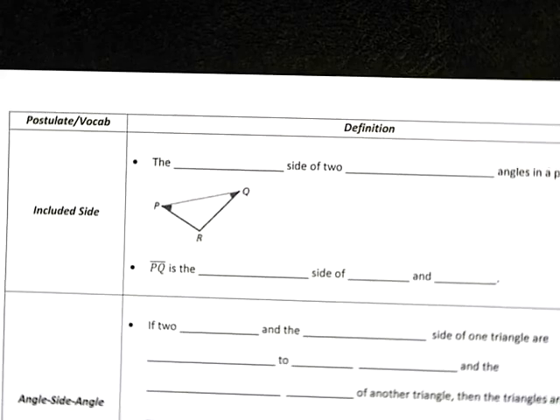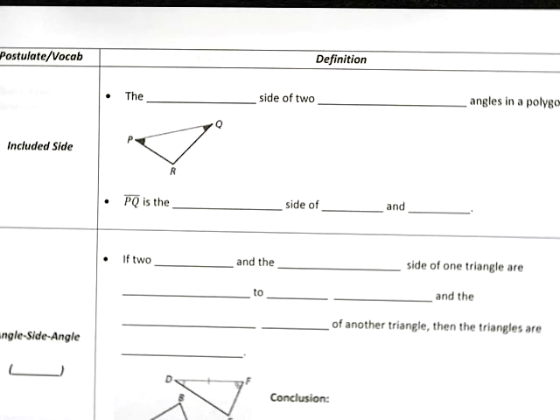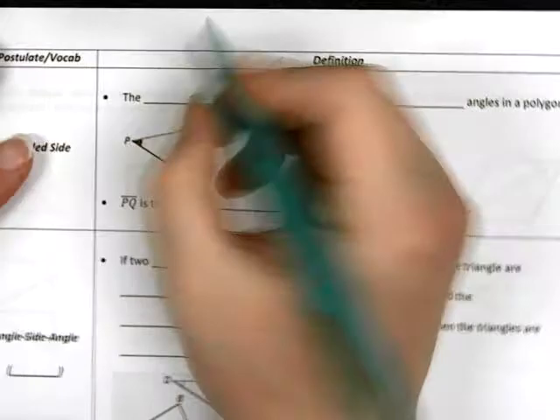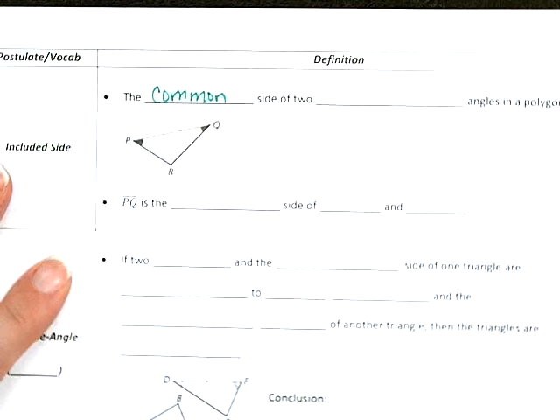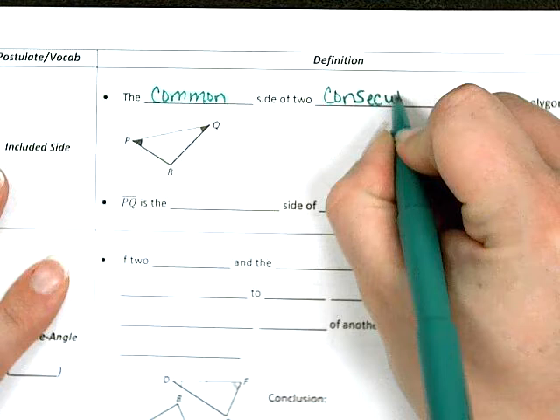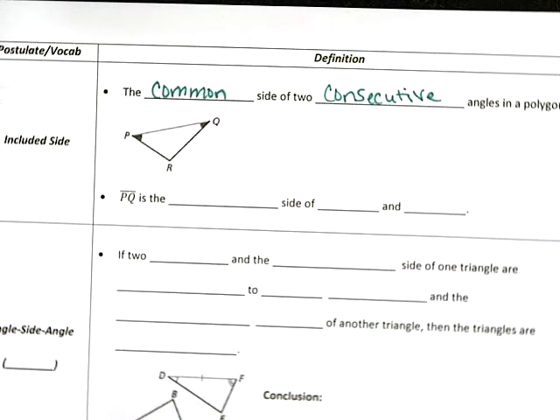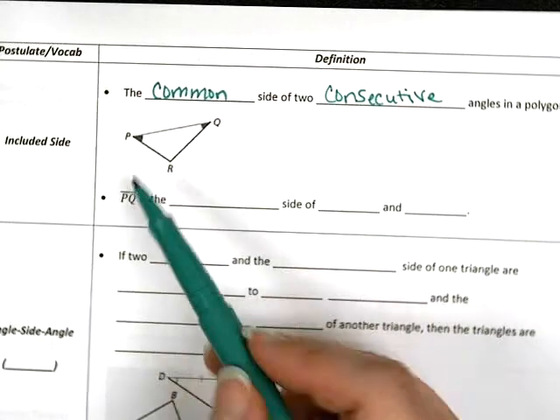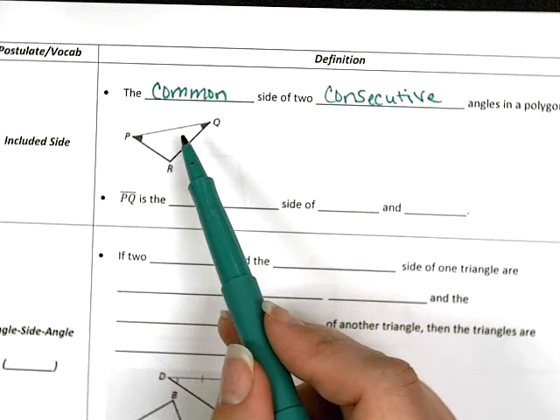Now, we've got to talk about this included side. Okay. So just like an included angle, it's very similar. We're now going to talk about included side. So the common side of two consecutive angles in a polygon. So consecutive means right next to each other, all right? So P and Q are next to each other because I can go from one to the other without hitting another angle in between, right?